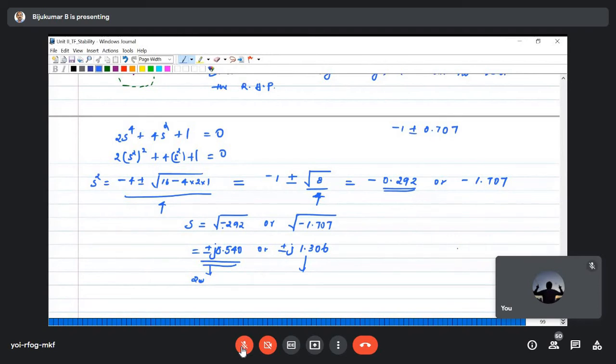Again, here also we have two complex conjugates. So as per the rule, we have studied that if all the elements in a particular row become 0, we have to form the auxiliary equation. In such case, what is the behavior of the poles? What is the specialty of those pole locations?